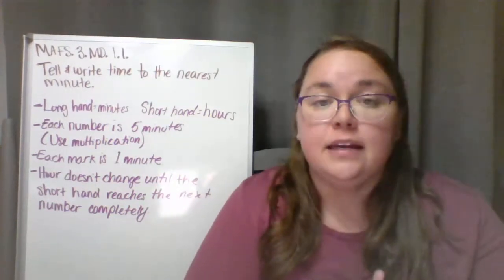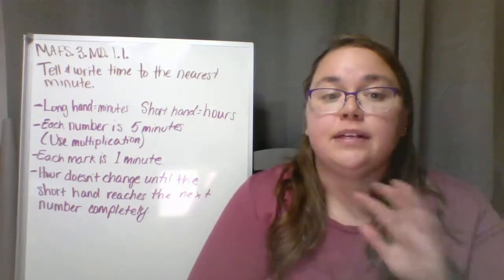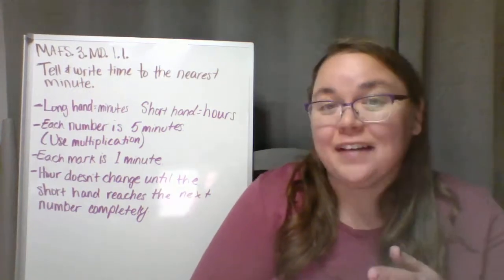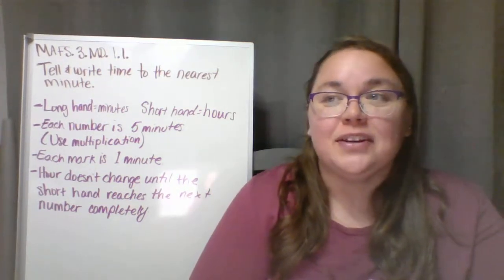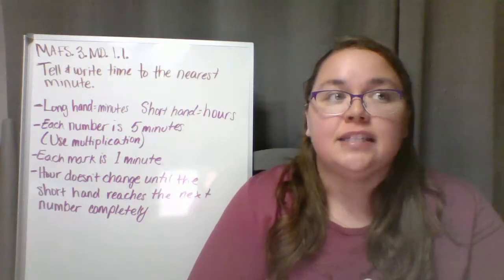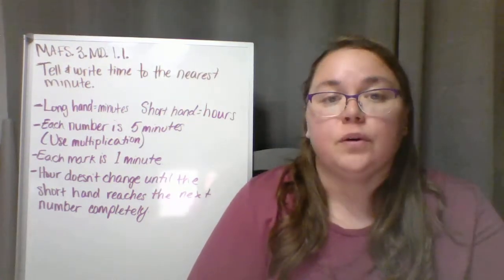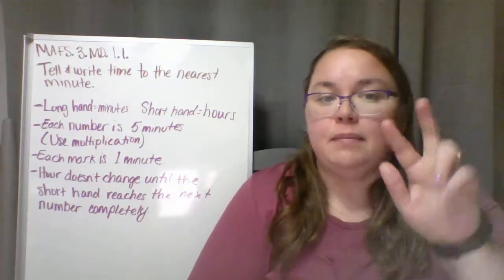In first grade, you learned to tell time to the nearest hour and half hour, and then in second grade, you learned to tell time to the nearest 5 minutes, I believe it was, or quarter hour, maybe both of those.